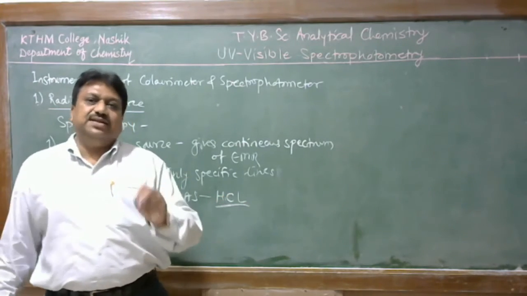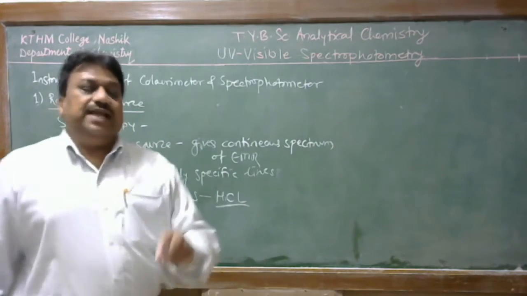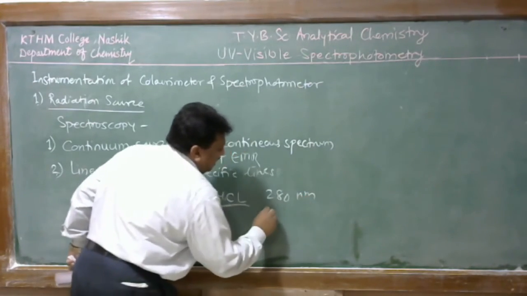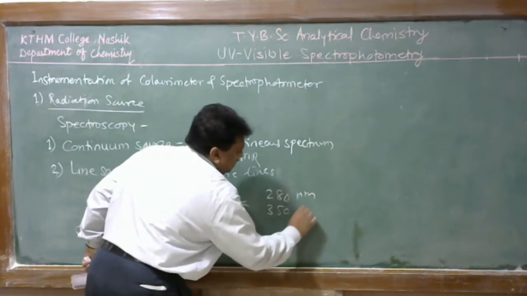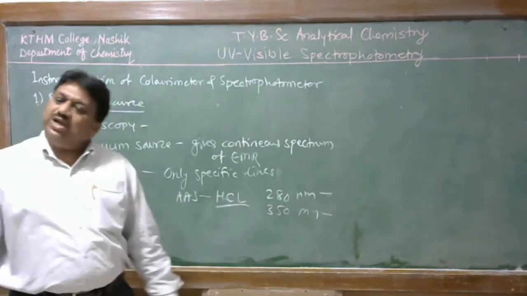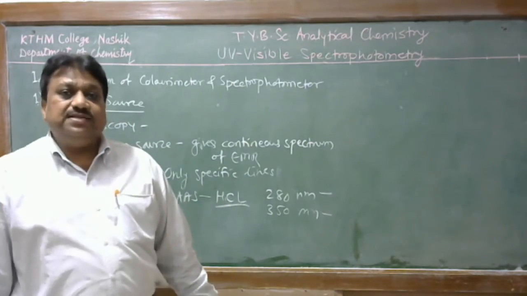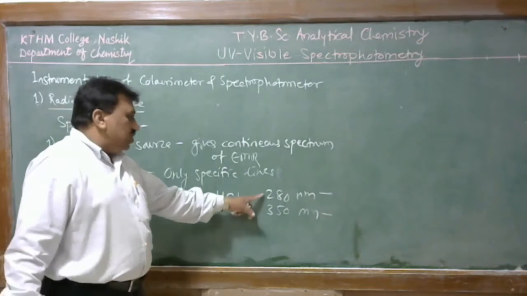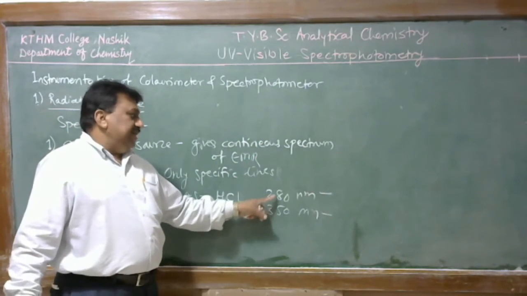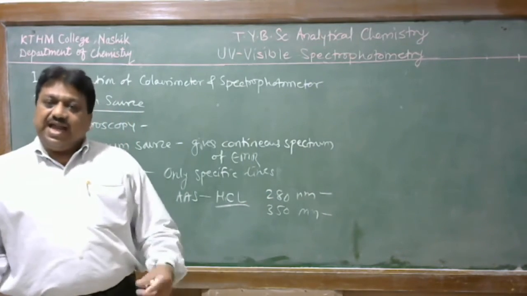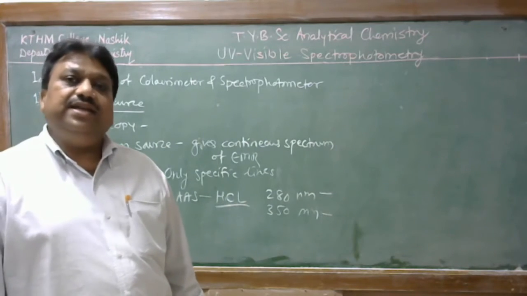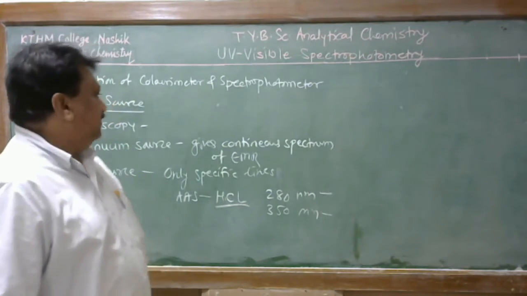That means if you consider the source as a hollow cathode lamp, that gives a line like 280 nanometer or sometimes 350 nanometer. Only these two lines are generally given by this hollow cathode lamp, and therefore it is called a line source. A line source is more specific than a continuum source. Therefore these lines are the identity of the material. Therefore AAS is an interference free measurement.